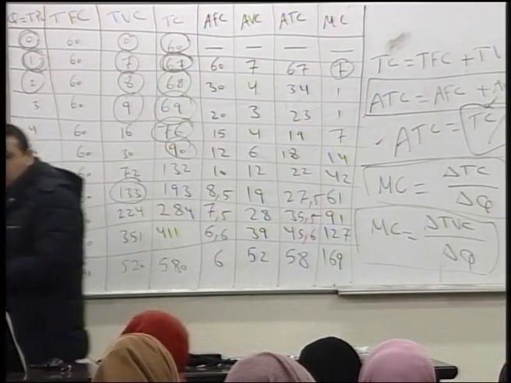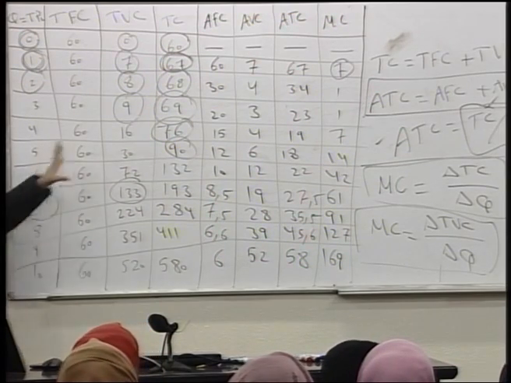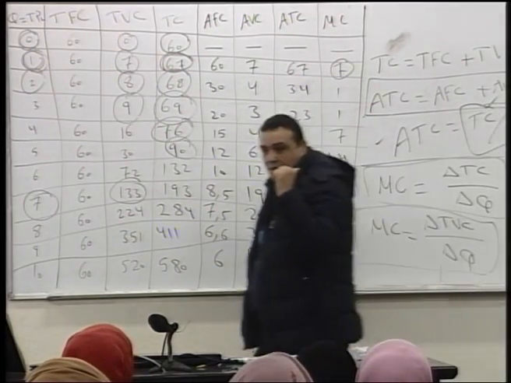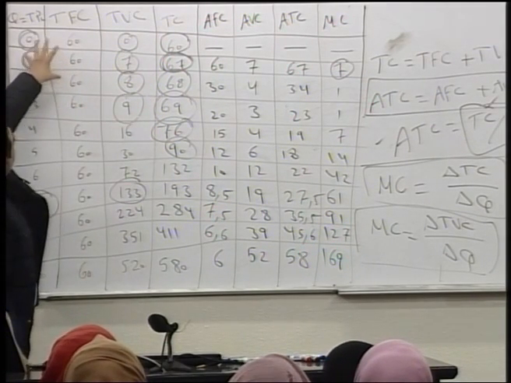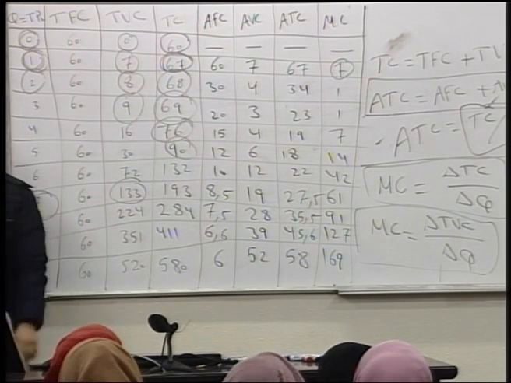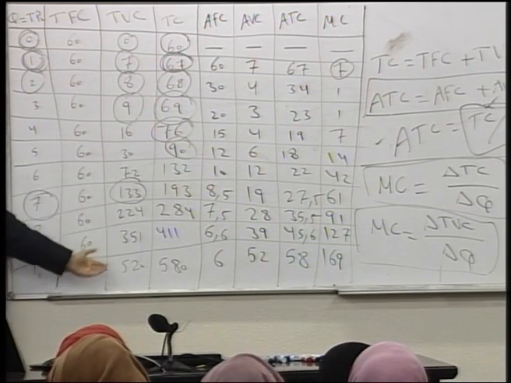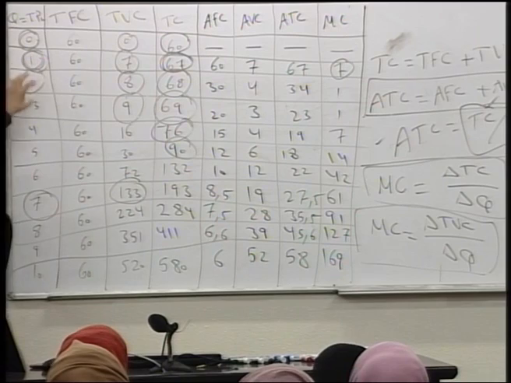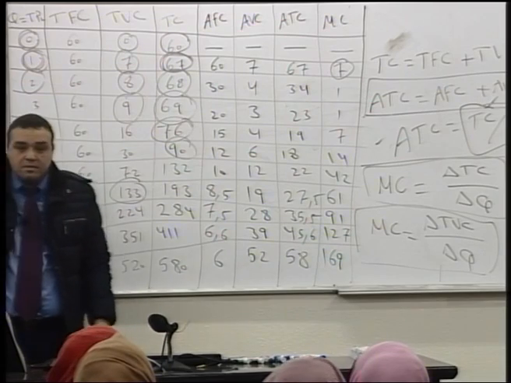Okay, let's go to the graphs here. What do you see? We have different comments on the table, and then we will check it on the graph. What do you see? As the quantity increased, the total fixed cost is fixed. Right? The total fixed costs are fixed, we have fixed values. What about the total variable cost? As the quantity produced increases, the total variable cost increases as well, right?